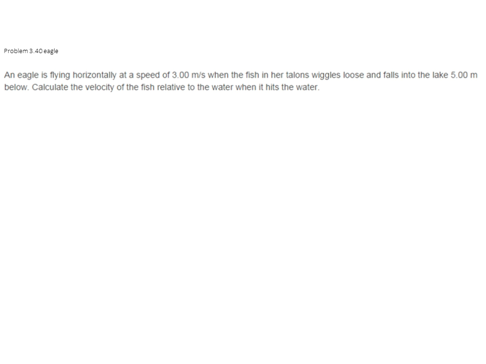All right, so let's solve a problem. An eagle is flying horizontally at a speed of 3 meters per second when the fish in her talons wiggles loose and falls into the lake 5 meters below. Calculate the velocity of the fish relative to the water when it hits the water. So let's start off with the drawing.